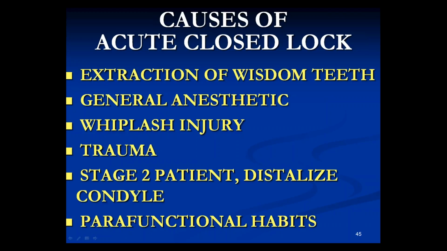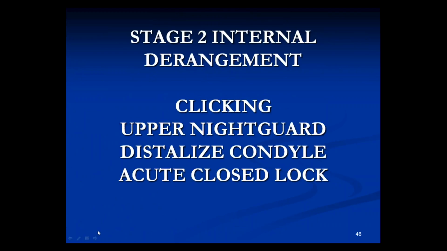If the patient is in stage 2 of internal derangement, they're clicking, and you put a distalizing appliance in and distalize that condyle with a night guard, they could go into a closed lock. Or if they're grinding their teeth too much at night, they can have a problem. Okay, so again, try to really pay attention to this one, because I see this happening a lot.